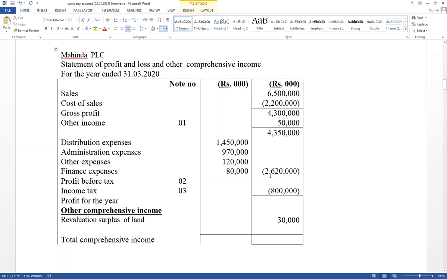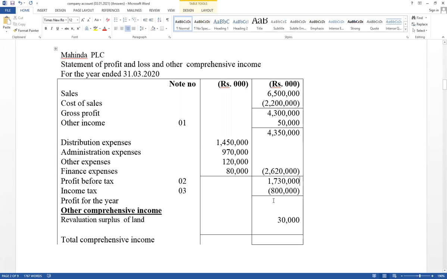Therefore, this one minus total expense, that is the profit before tax. 4,350,000 minus 2,620,000. Take the answers. 4,350 minus 2,620. Therefore, profit before tax equals 1,730,000.